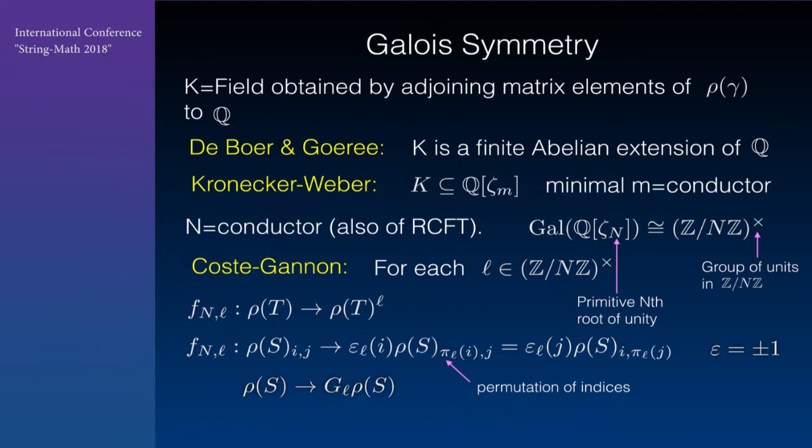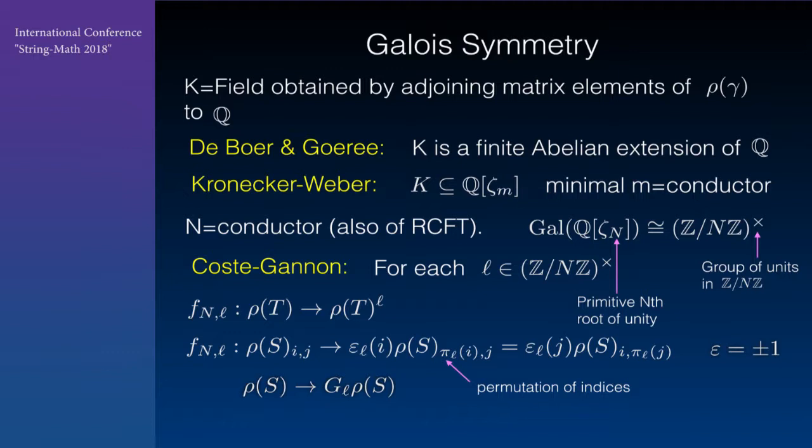I'll give you an example on the next slide, but for right now, what I want to say is that for each element L in the group of units, there's a paper by Costa and Gannon that showed that there is an action on the representation of the modular group, where you take the representation rho of T to the Lth power, if L is in the group of units, and the action on rho of S is to permute the rows or columns of rho of S and multiply by some signs. And this action we will denote by G sub L.